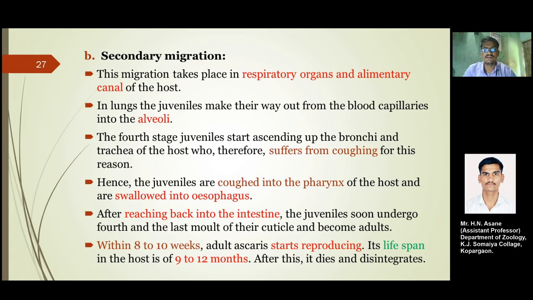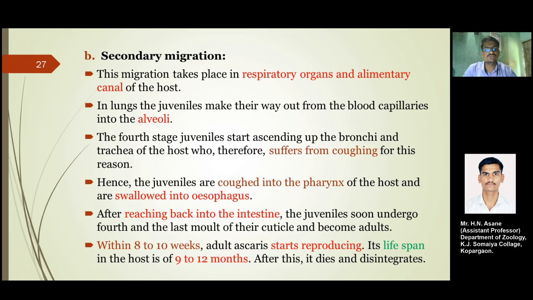With that cough these juveniles are carried into the pharynx of the host, and they are swallowed into the esophagus. If the host swallows that cough, it enters the esophagus and is carried into the intestine.